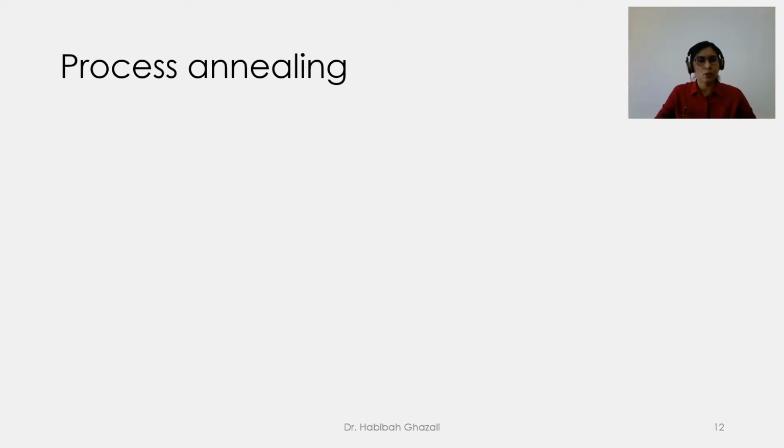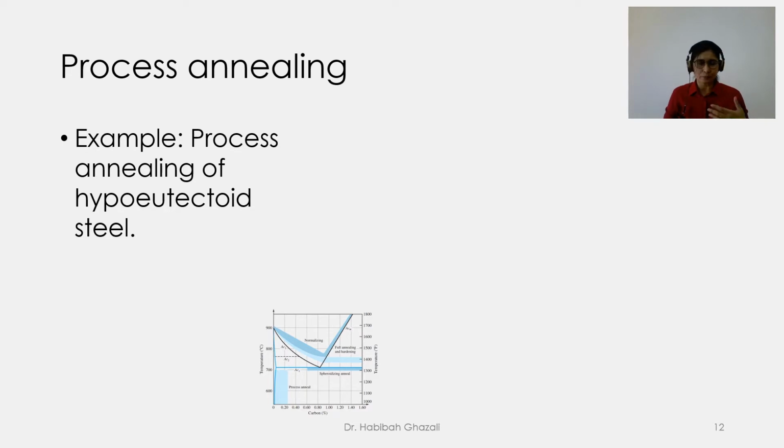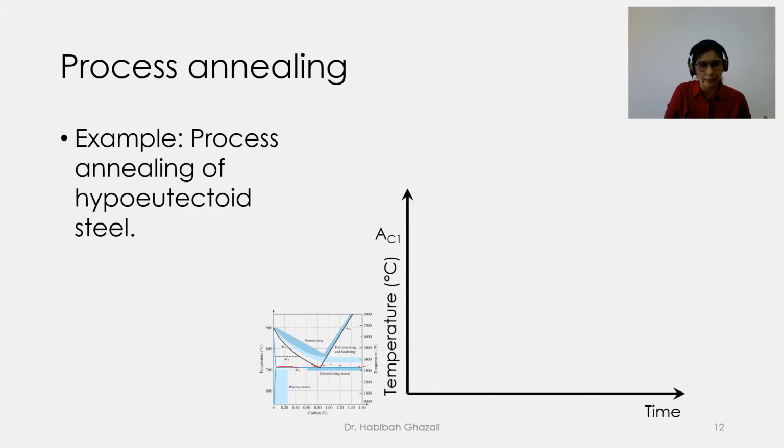So let's have a look at how process annealing for hypoeutectoid steel is performed. So for hypoeutectoid steel, as I said, we want to avoid any phase transformation from happening. So phase transformation will start to happen at the eutectoid temperature. So we will heat up. The first step is to heat up the material, the metal, which in this case is hypoeutectoid steel, below that line there.